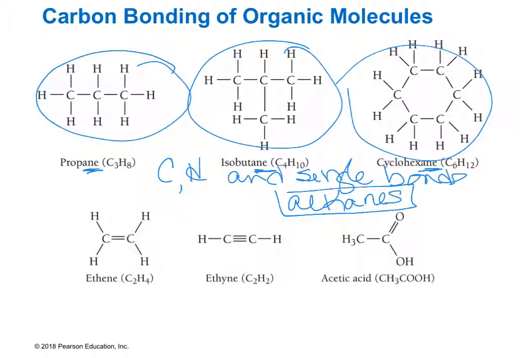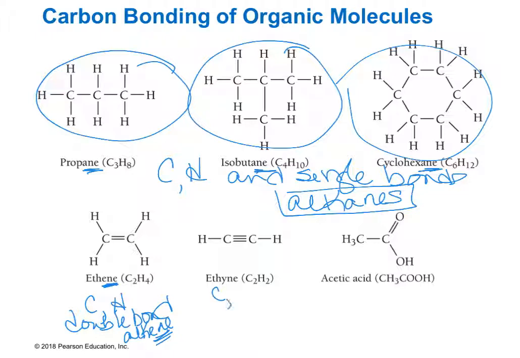So alkanes end in -ane. If an organic molecule is made up, again, only of carbon and hydrogen, but if it has a double bond instead of all single bonds, it is an alkene, okay? And the ending when you name it would be -ene.